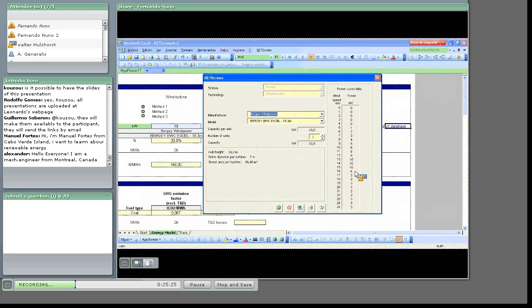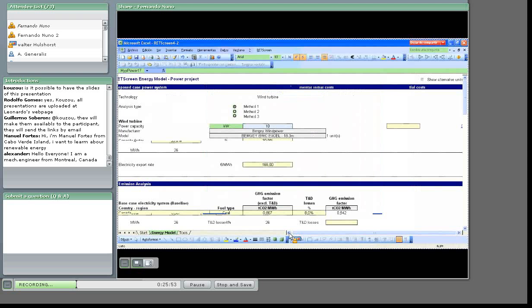Between 13 and 15 meters per second it provides the maximum power, and then it decreases, but the cutoff speed is quite far. So we are sure that with high wind speeds this will produce, even if it's lower than the optimal speed between 13 and 15 meters per second. We can choose several units, but we will choose one unit of 10 kilowatts. Then we click OK.